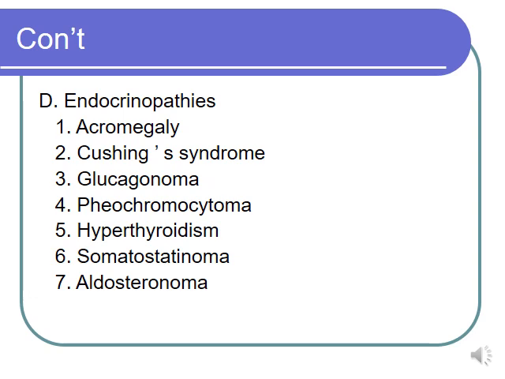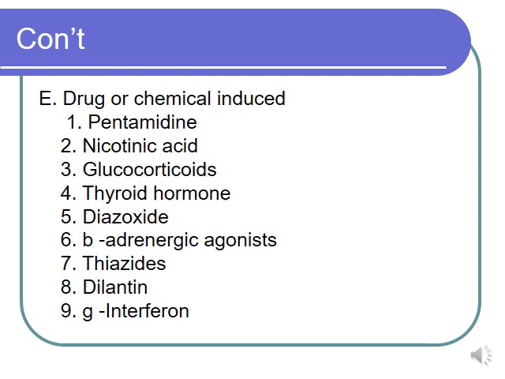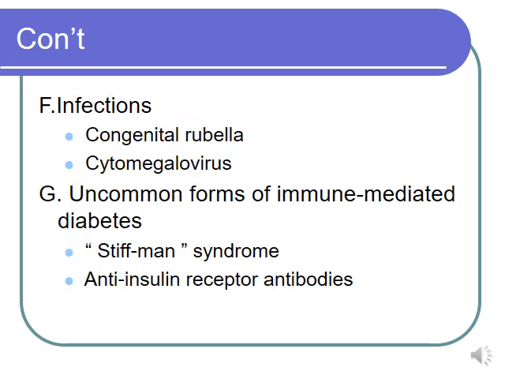It's acromegaly, Cushing's syndrome, glucagonoma, pheochromocytoma, hyperthyroidism, somatostatinoma, and aldosteronism. What are the drugs? Pentamidine, nicotinic acid, glucocorticoids, thyroid hormone, diazoxide, beta-adrenergic agonists, thiazides, Dilantin, that is phenytoin, gamma interferon. Coming to infections: congenital rubella, cytomegalovirus. An uncommon form of immune-mediated diabetes: stiff-man syndrome, anti-insulin receptor antibodies.